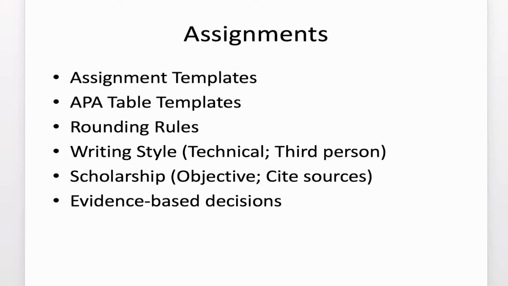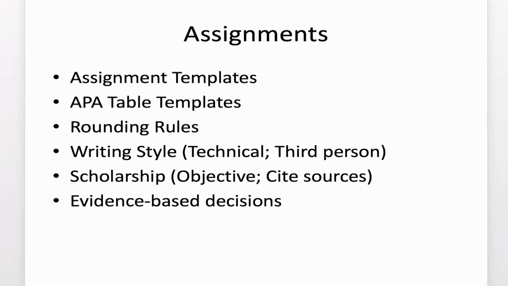There's also a document called Rounding Rules, and I expect everybody to use that as well. And why is that? If you have a table that has data in it that have 8 or 10 decimal places, it is very confusing.